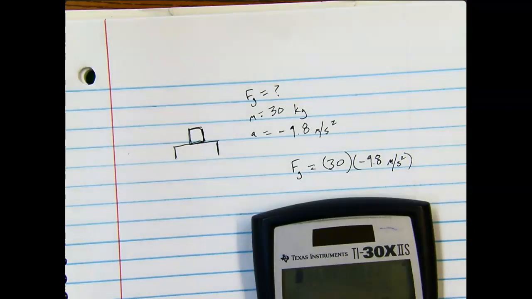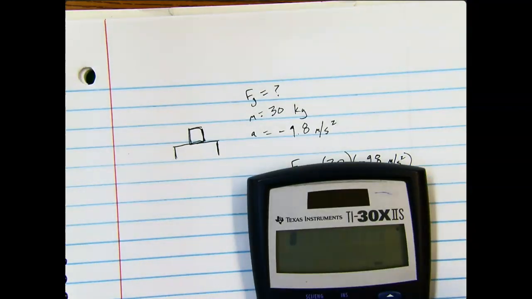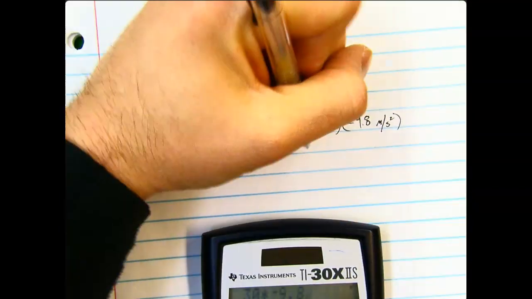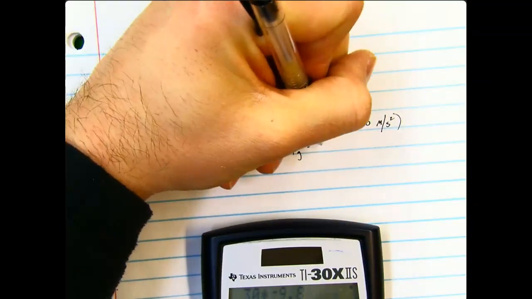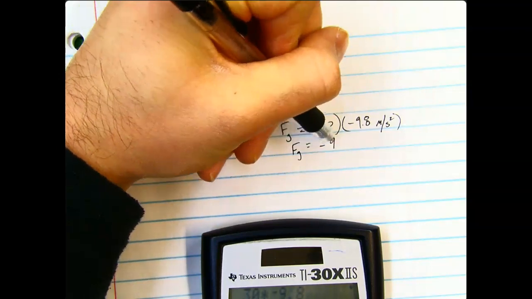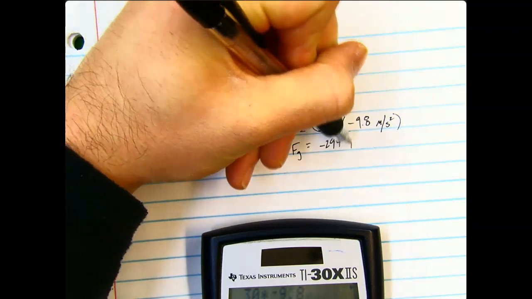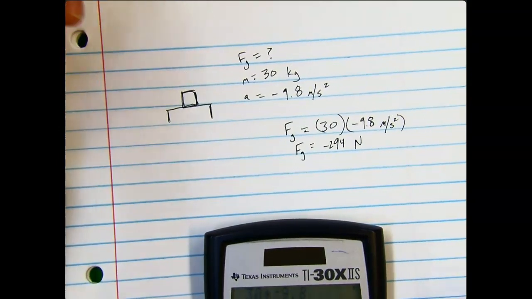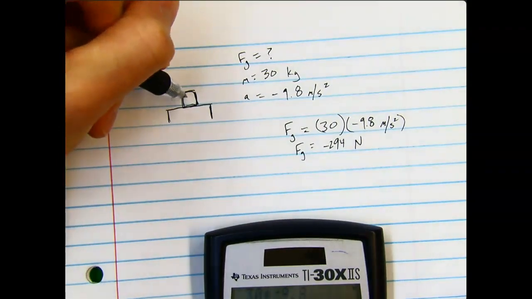So now we can just put that into our calculator, where we have 30 times negative 9.8, and we get negative 294. So our force from gravity is equal to negative 294 newtons.